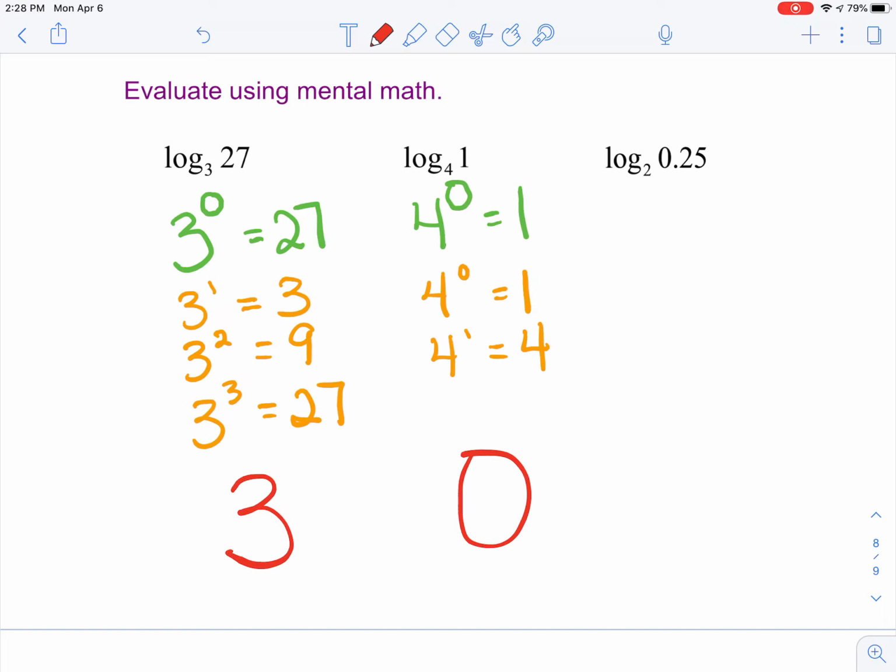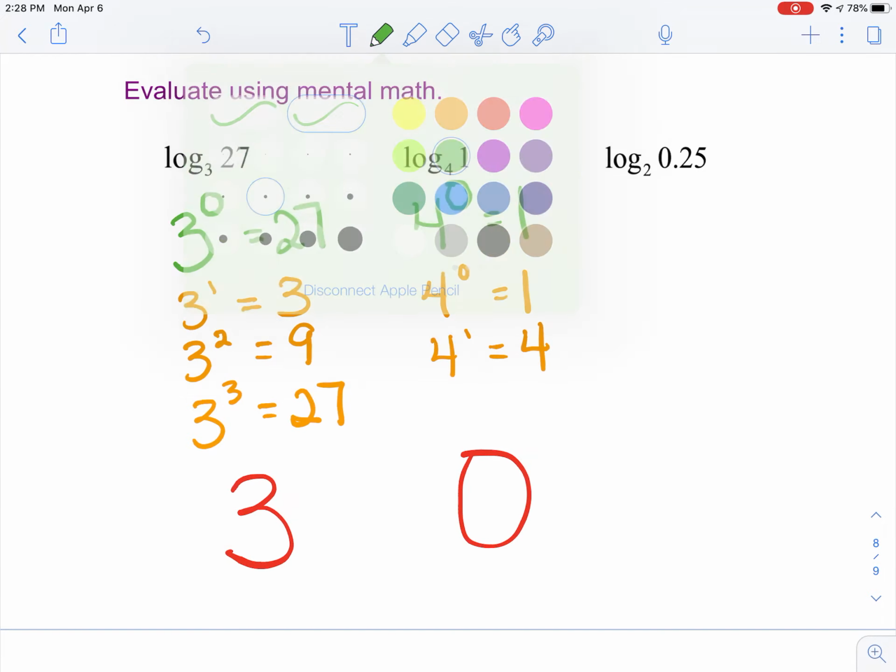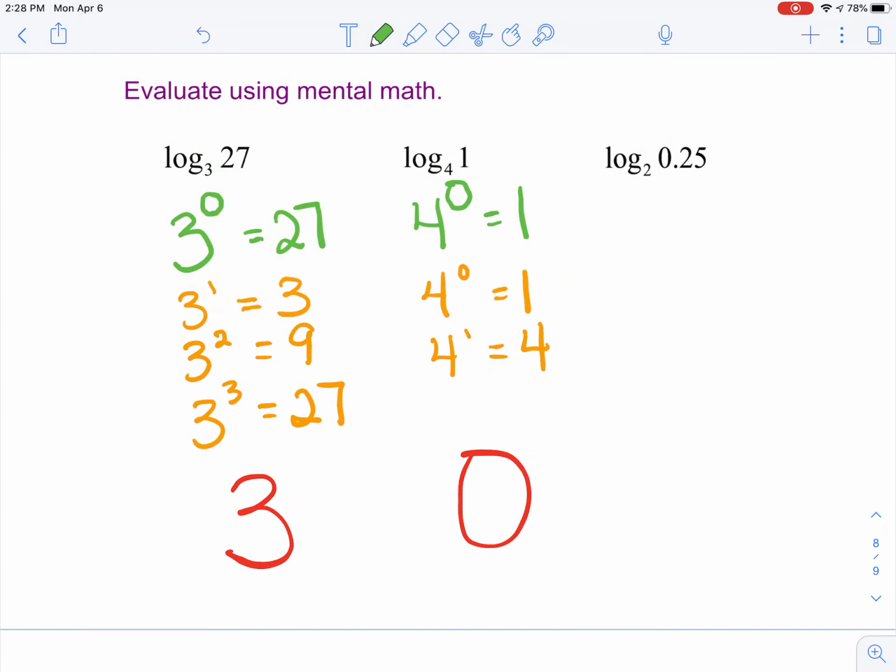All right, here comes a strange one. Not strange, just a little bit more difficult. 2 to what power equals 0.25? I do not like to use decimals on this. I like to make them fractions. So what is the fraction for 0.25? Well, 0.25 is going to be 1/4. The first thing I notice is that my number went to the denominator.